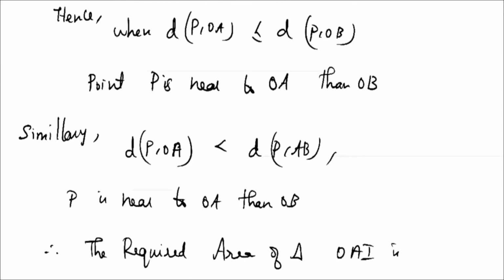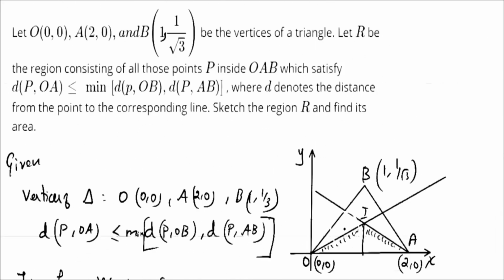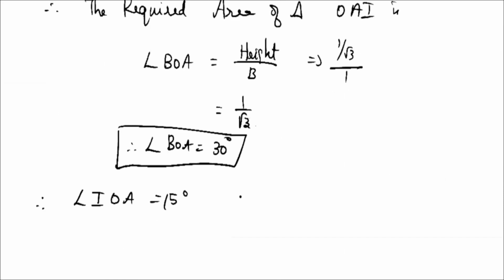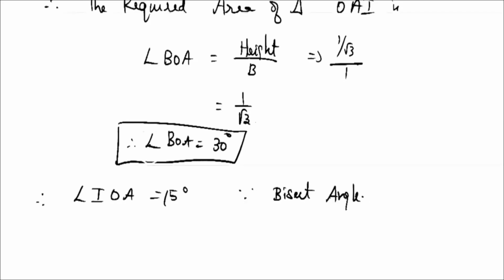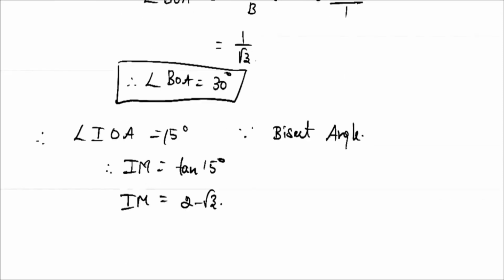Because it bisects the angle, so it is equally divided. Therefore IM equals tan 15 degrees, and tan 15 equals 2 minus root 3.